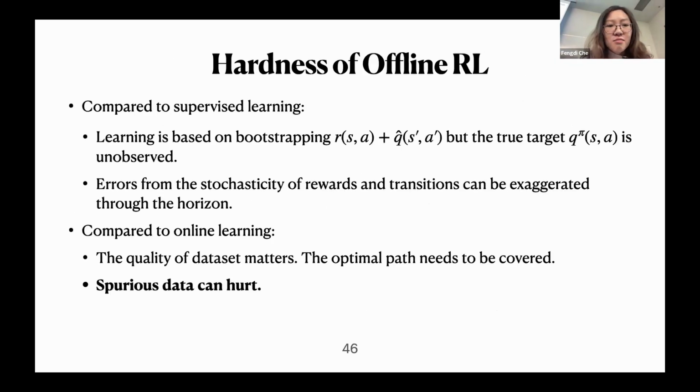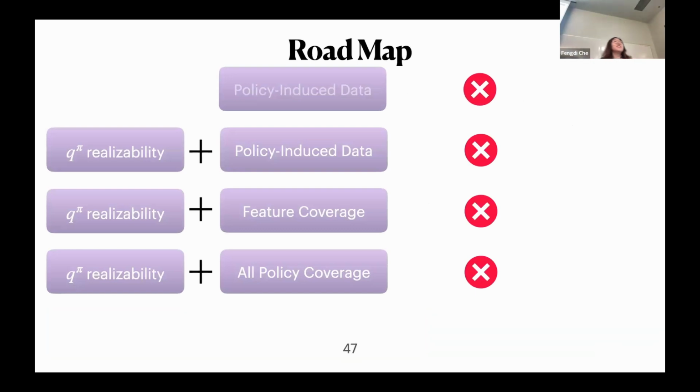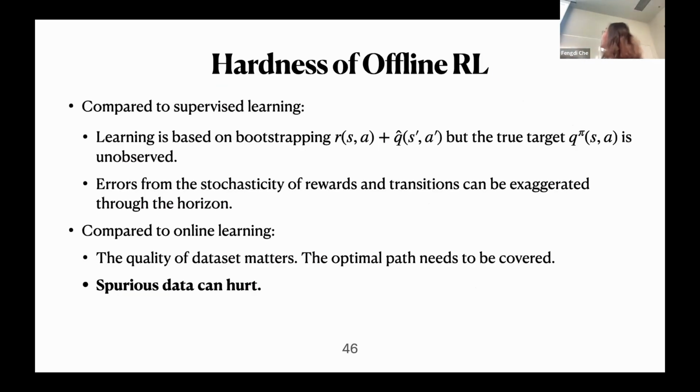However, in this case, even with this concentration bound, the result is still negative. And what happened? It's because people realize, okay, we assume this concentration bound, our data set distribution needs to cover our policy very well, but it can also contain some terrible transitions.